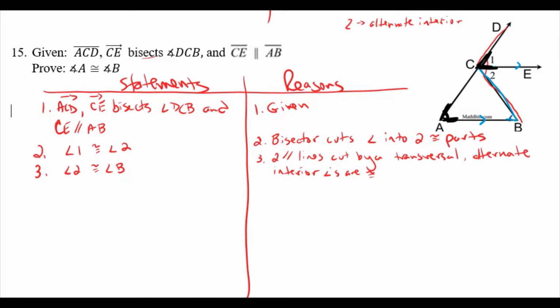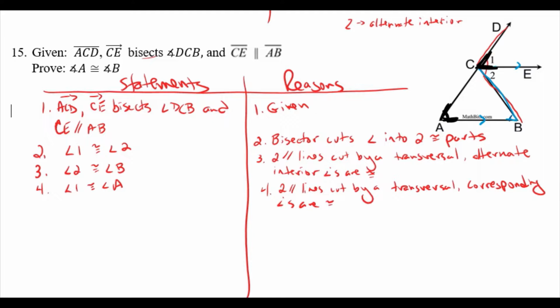Those are in the same position, those are corresponding. So we need another reason to say angle 1 congruent to angle A. And so it's the same setup here. 2 parallel lines cut by a transversal, and then corresponding angles are congruent.